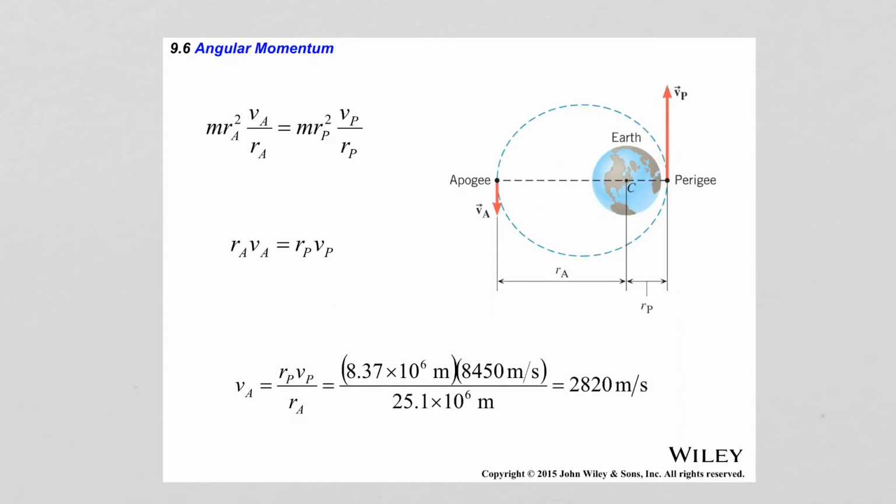After simplifying the expression, the result is that the distance at apogee times the speed at apogee is equal to the distance at perigee times the speed at perigee. Solving for VA and substituting the values that I know gives me that the speed at apogee is equal to 2,820 meters per second.